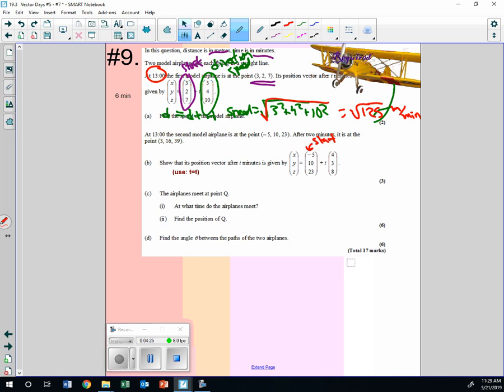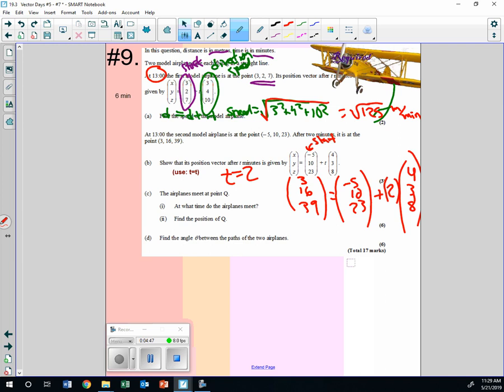So in other words, at t equal to 2, we want xyz to be 3, 16, 39. Well, let's see if this works. Negative 5, 10, 23, plus t is 2 times 4, 3, 8. So you go ahead and see if that's true.